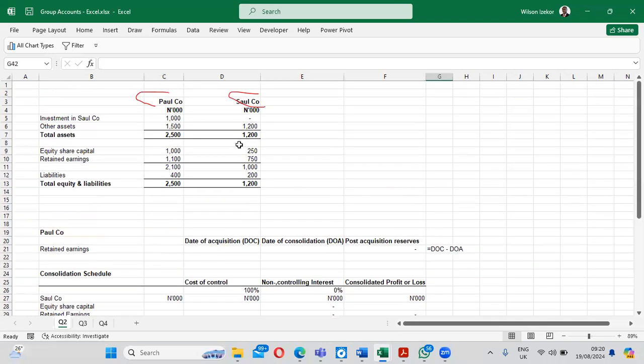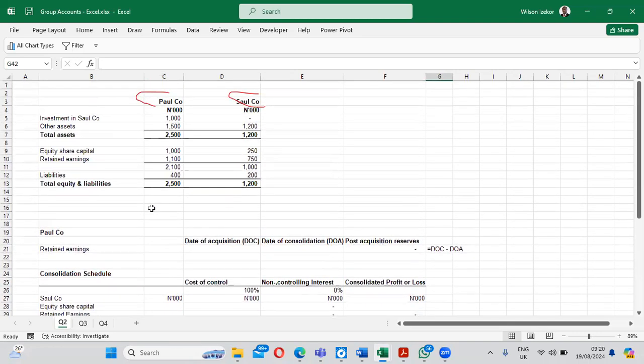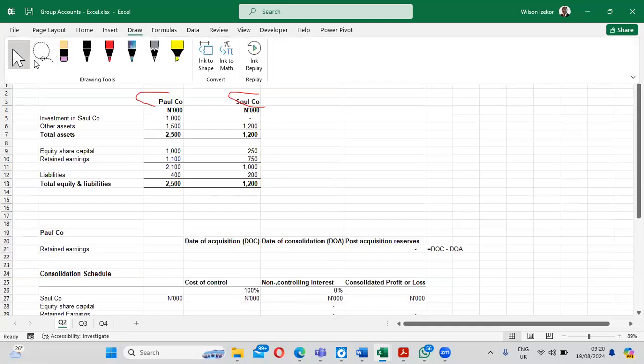All right. So the first thing is for you to prepare your group structure. The group structure is very straightforward. It is just to show the percentage ownership of the parent company in the subsidiary company.